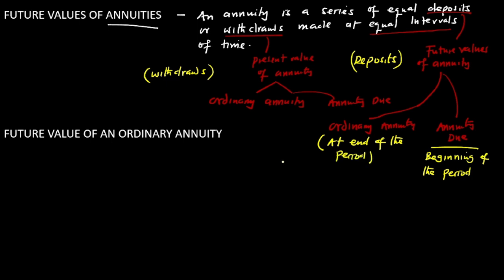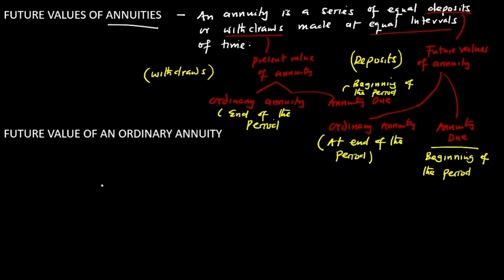Same with the present value annuity, where we're making withdrawals: for the annuity due, it will be at the beginning of a period, and for the ordinary annuity, it is at the end of the period. So that's the difference.